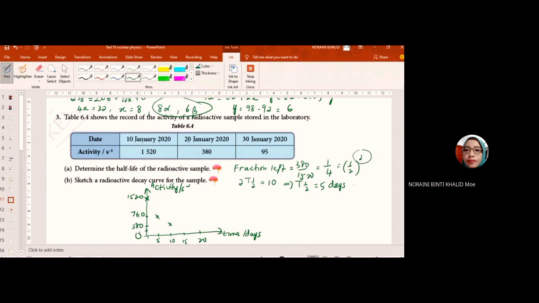Half of 380 is 190. Half of 190 is 95. So it should be here. Now we can just draw a curve. So you will get the decay curve like this.